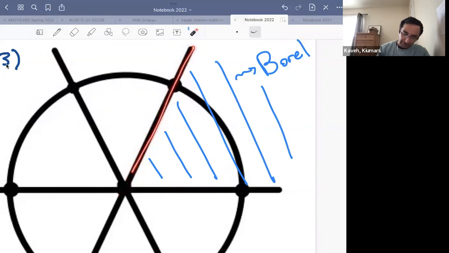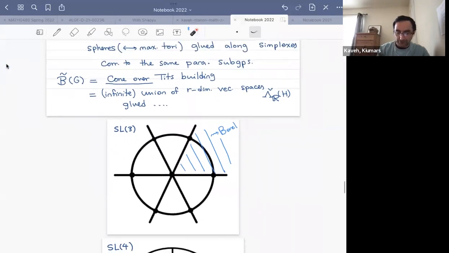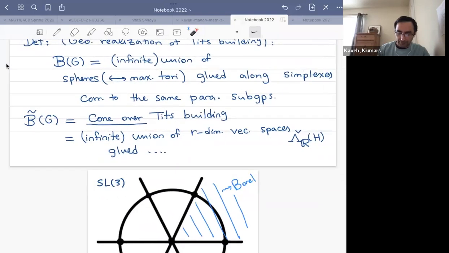But it can be that the same parabolic subgroup is represented by another face in another maximal torus. If that happens, I glue those 2 faces. So you have a lot of spheres which are glued along their simplices which correspond to the same parabolic subgroup.